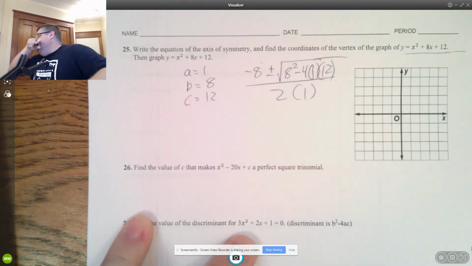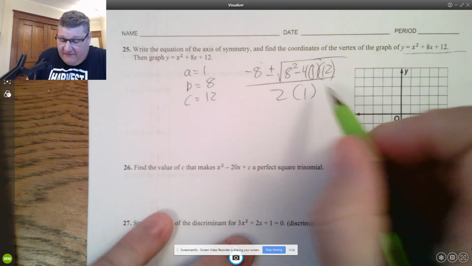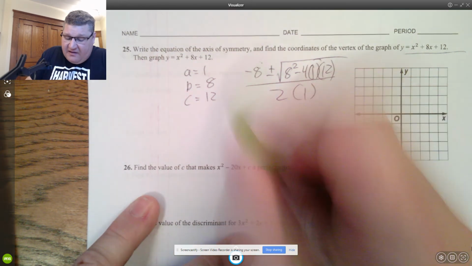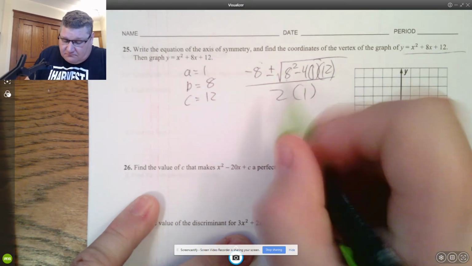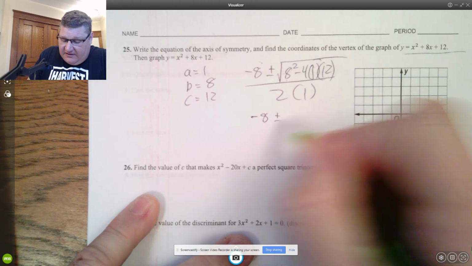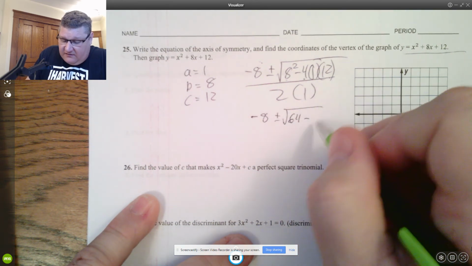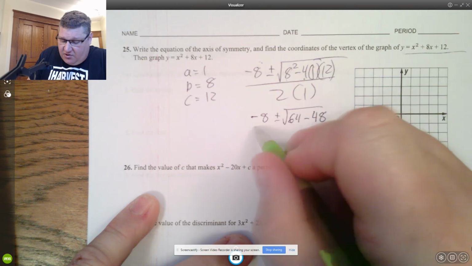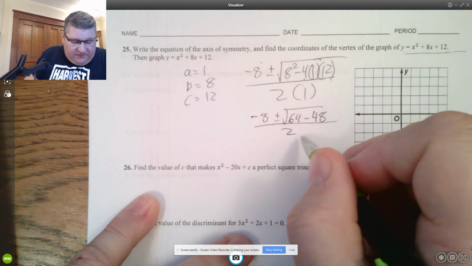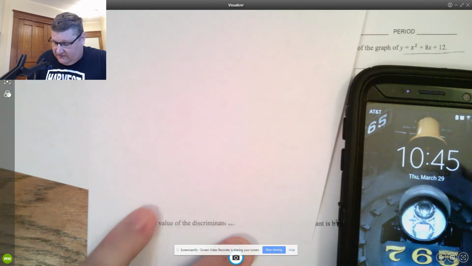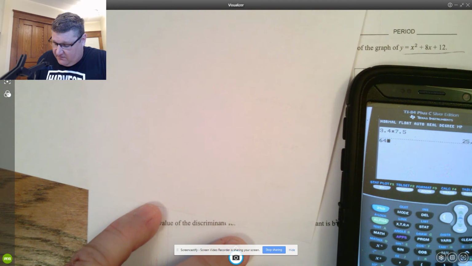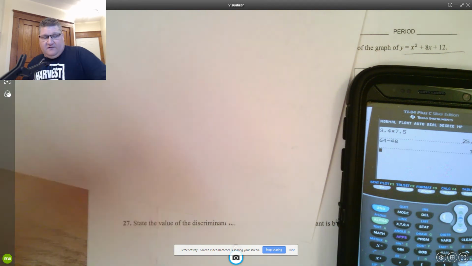And if I were graphing all of this, I would solve it. Negative 8 plus or minus, that's 64 minus, now 4 times 12 is going to be 48, all over 2. 64 minus 48. Answer is 16.